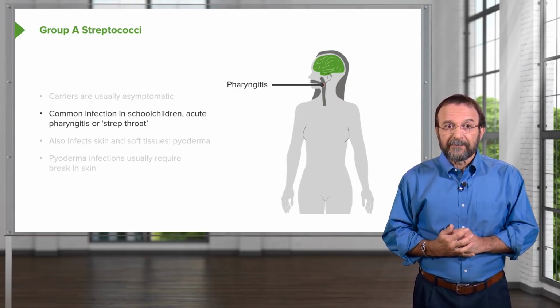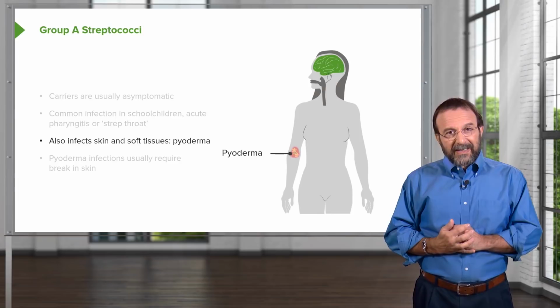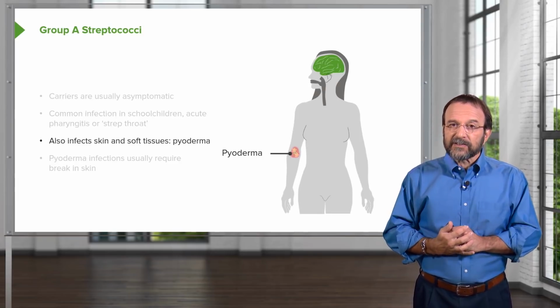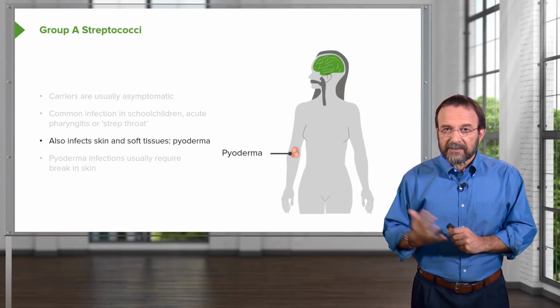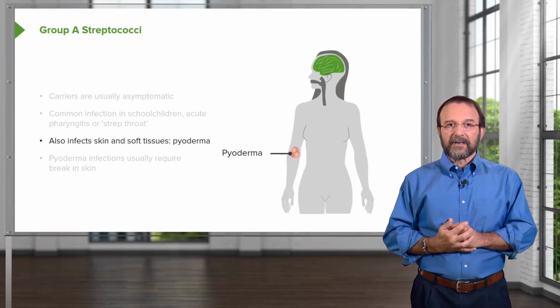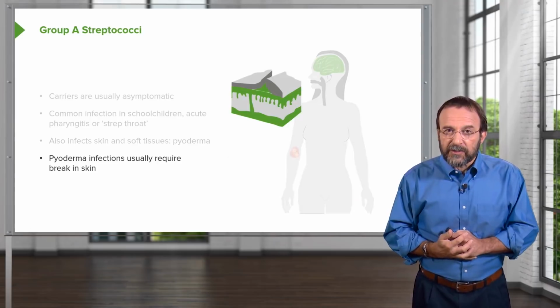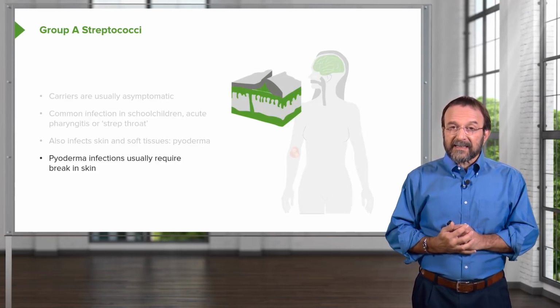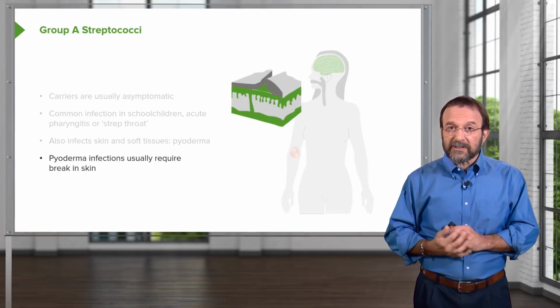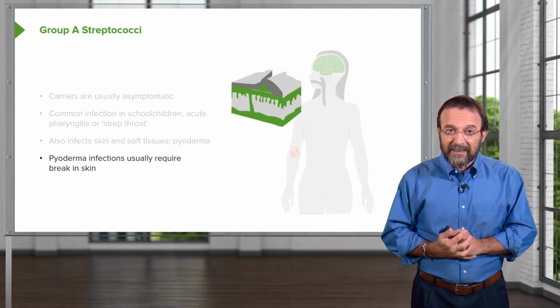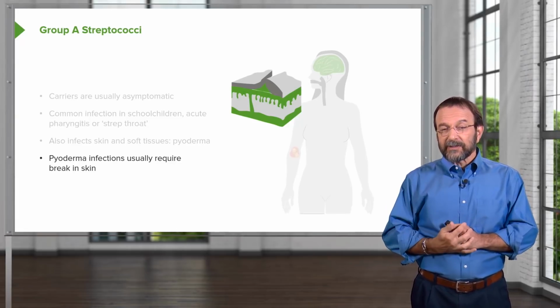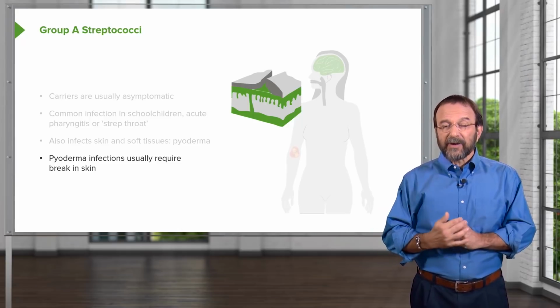by Streptococci. The bacteria may also infect the skin and soft tissues, causing lesions that are called pyodermas. You can see one here on the young lady's arm. Pyodermal infections usually require a break in the skin to introduce the bacteria, similar to the story with Staphylococci. All right? So in the pharynx, you don't require a break, but on the skin here, a break in the skin.